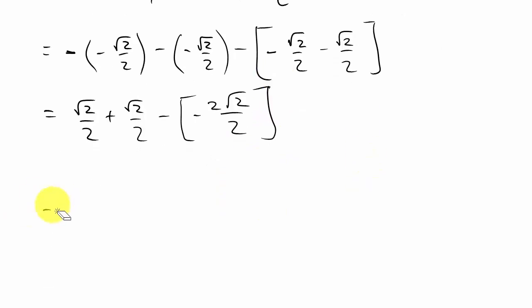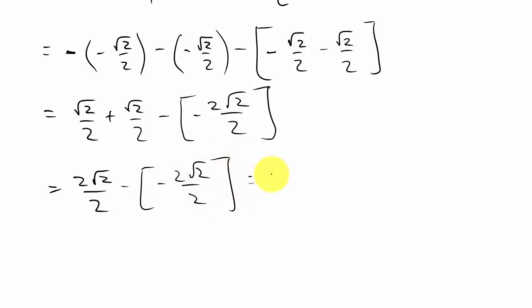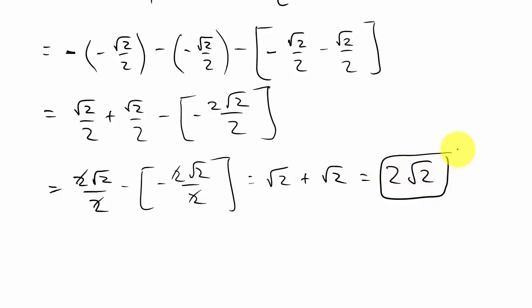And so here I'm going to have 2 square root of 2 over 2 minus negative 2 square root of 2 over 2. Let's go ahead and cancel the 2's out here. And so that's square root of 2, and then a minus and a minus is a plus. And so that's going to give me 2 square root of 2 for my answer.